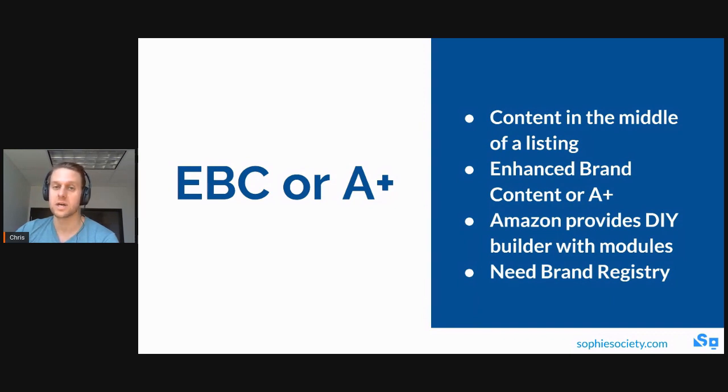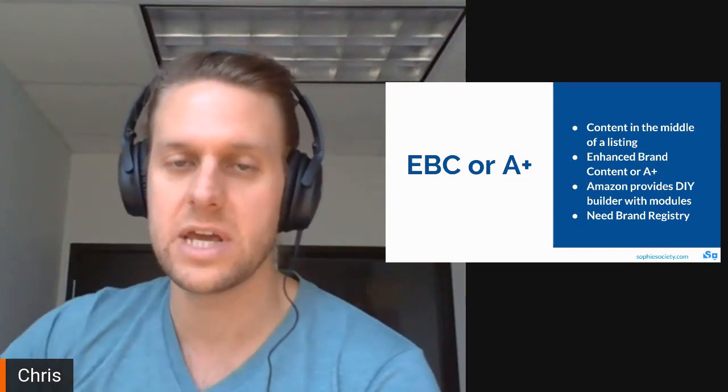The reason I know this is because my company, Sophie Society, is where I got all of this information from, because that's our testing ground. We do content and manage hundreds of brands through Sophie Society. We're an agency and an Amazon partner. That means we manage the Amazon presence for companies, but we also create content for companies as one-off content. And we're very data focused. I have a physics degree.